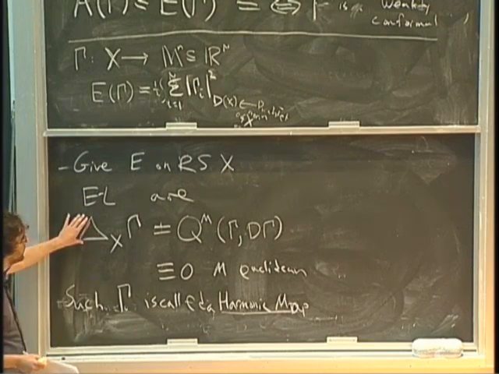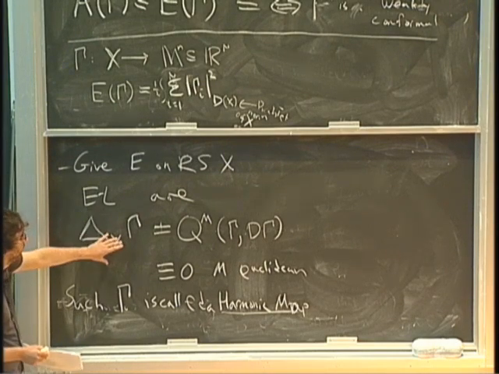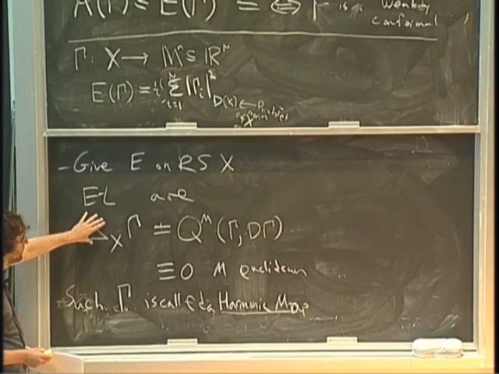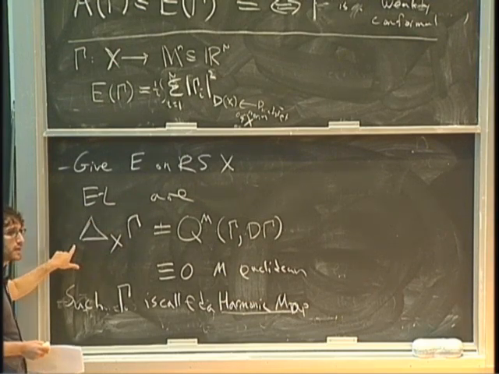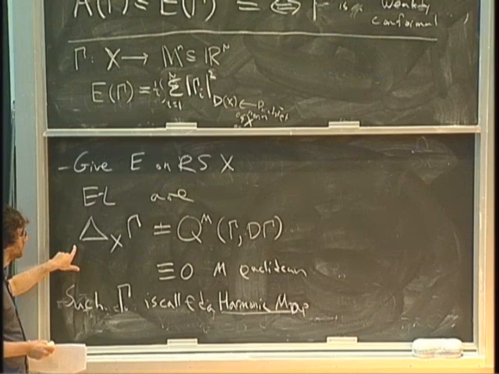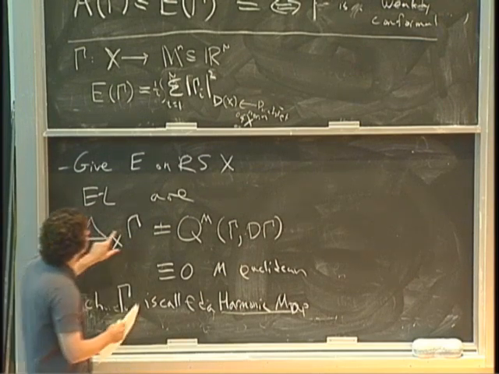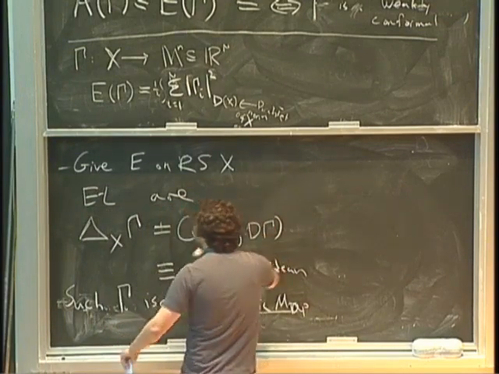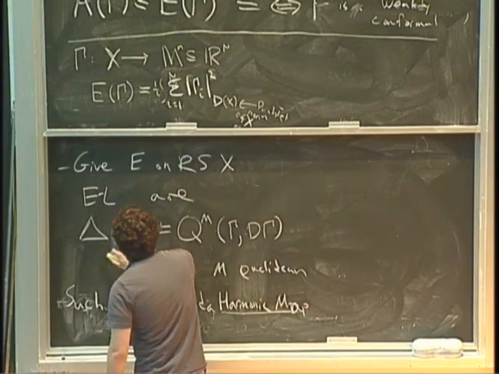Right, and so the observation here is that this is now a system of elliptic PDEs because it's an elliptic operator. Given an E on a Riemann surface, I can fix, that's what I don't like.